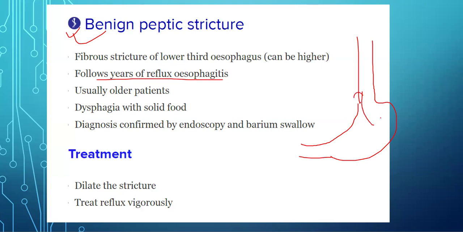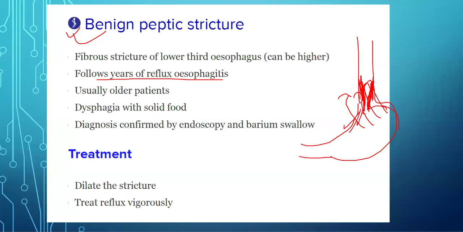Because of long-standing reflux, there is acidic backflow or regurgitation, and it causes inflammation of the lower part of the esophagus. Due to inflammation, fibrosis, and adhesions, the lower end of the esophagus starts to get strictured or narrowed.